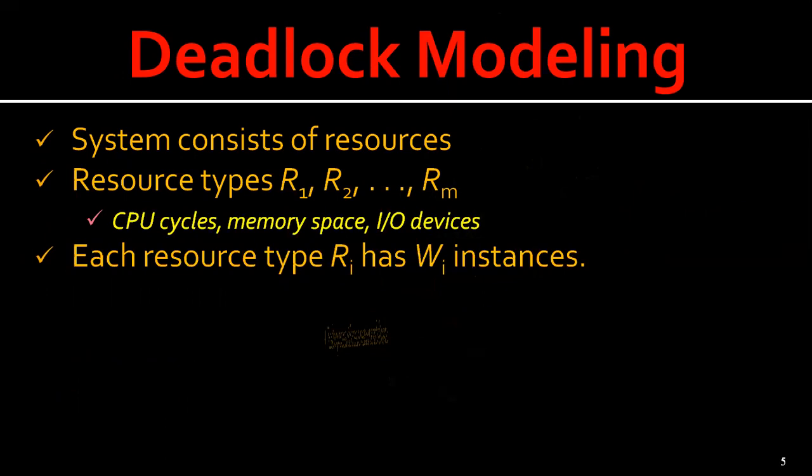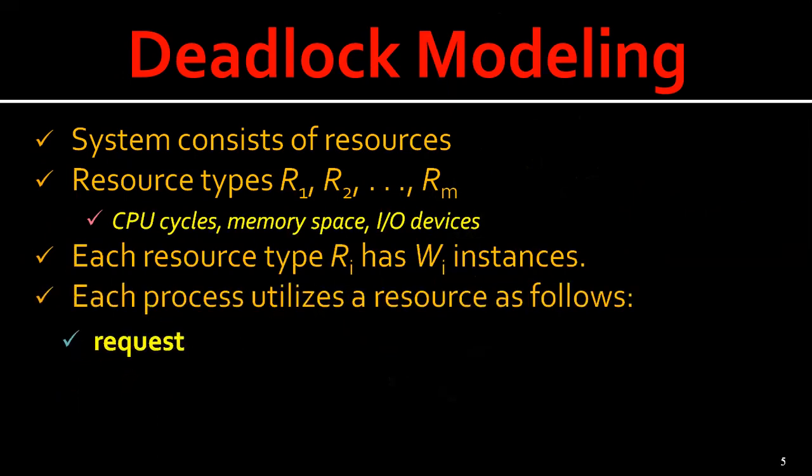A system consists of a finite number of resources to be distributed among a number of computing processes. And these resources are partitioned into several types, each of which consists of some number of identical instances, like memory space, CPU cycles, files, and input/output devices such as printers and tape drives.